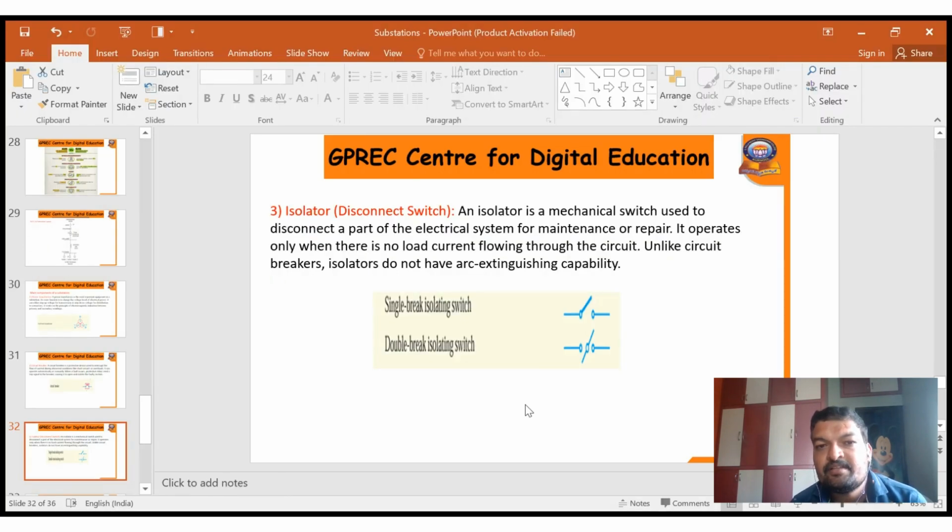It operates only when there is no load current flowing through the circuit. Unlike a circuit breaker, isolators do not have arc quenching capability. It only isolates the healthy and unhealthy parts of the system. During no load condition only, it will operate. That is the function of the isolator.